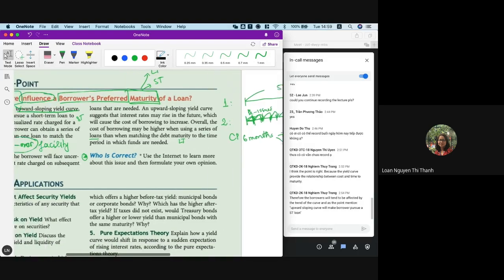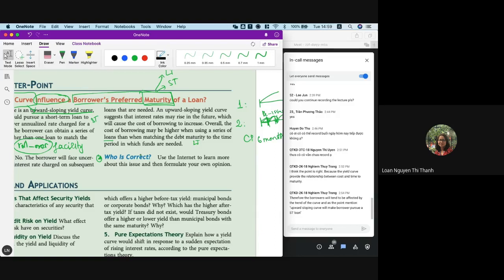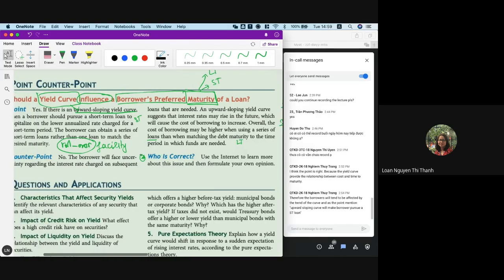It is a rollover. You reissue, rollover. You revolving credit. You extend the line. You extend the maturity. So that is what the point says.